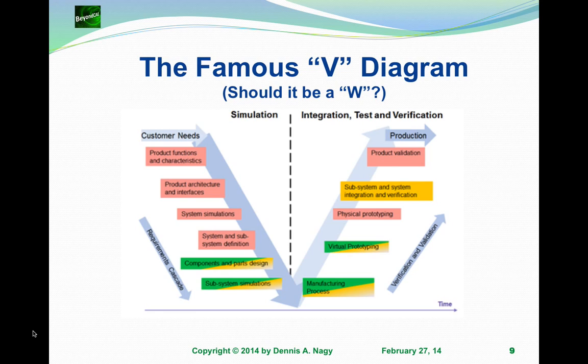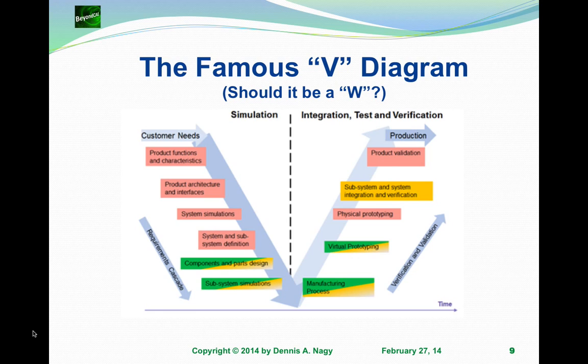And then they start looking at how to manufacture this, and then you do some virtual prototyping, hopefully even in the downward part of the arrow, but definitely on the way back up. And then there's physical prototyping, traditional testing, on up to product validation, and then actual manufacture and bringing to market a new product.